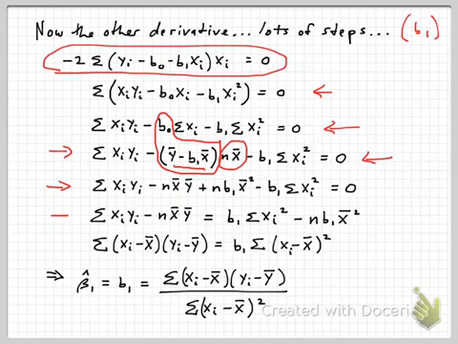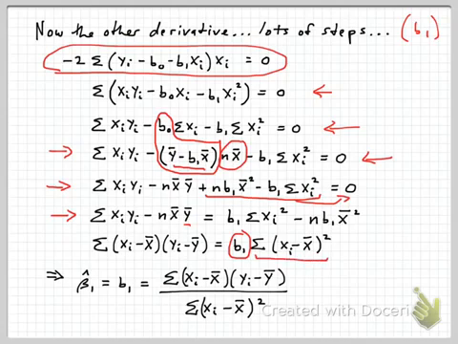And then going to this next equation, what I've done is I've moved the b1 part over to the other side. Right? So now we've got that the sum of xi yi minus n times x bar y bar is equal to b1, and all the b1s are over there. I factor out the b1, and I'm left with this.